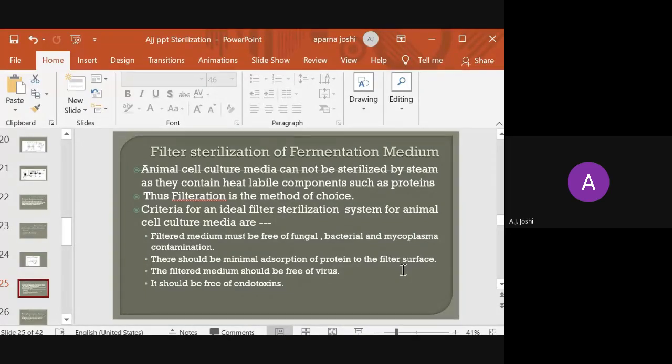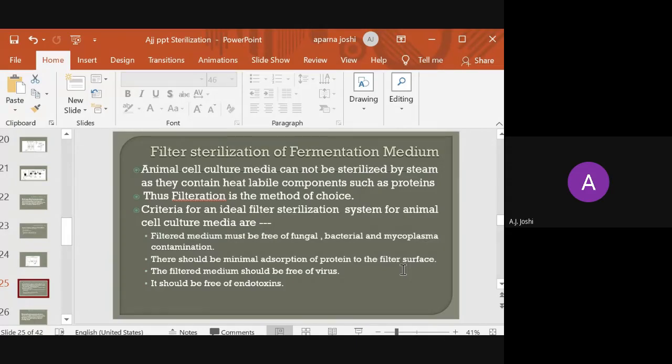The cell wall components of the gram-negative bacteria act as the endotoxins. Even though the microbial cells are not present, if such cell wall components pass through that particular filter, then the endotoxins will obviously affect the growth of the cell lines that we are going to inoculate in that particular media. So it should not have any content of endotoxin.